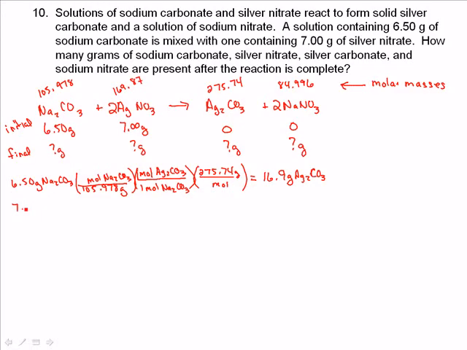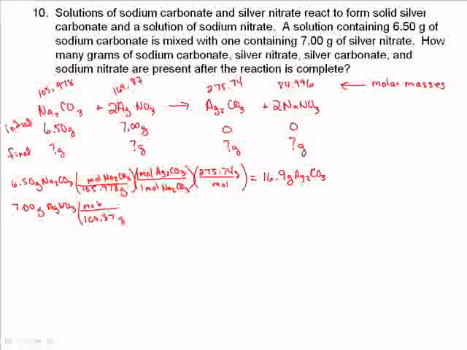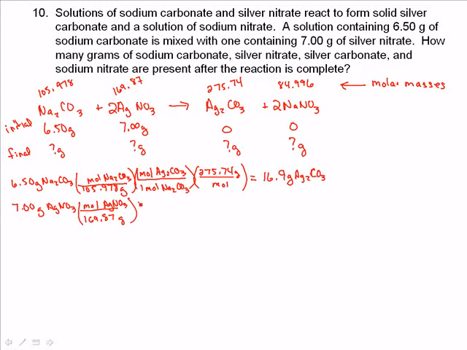Alright, so now let me check the 7.0 grams of silver nitrate. There's 169.87 grams per mole of silver nitrate. For every 2 moles of silver nitrate, I have 1 mole of silver carbonate.